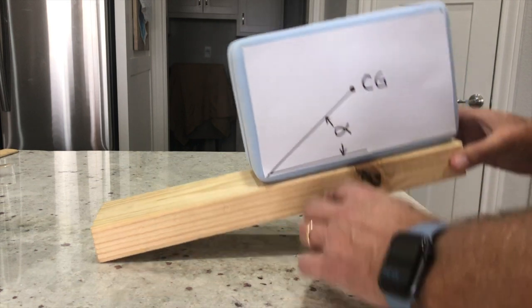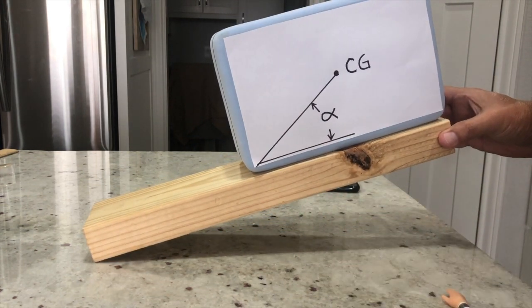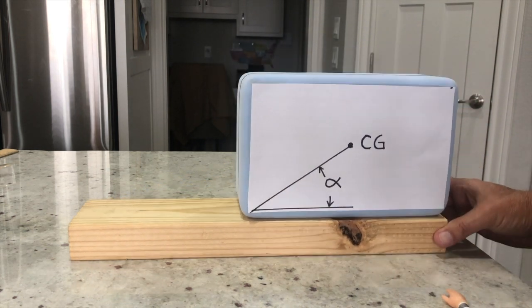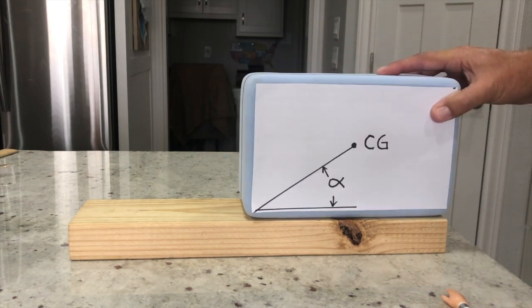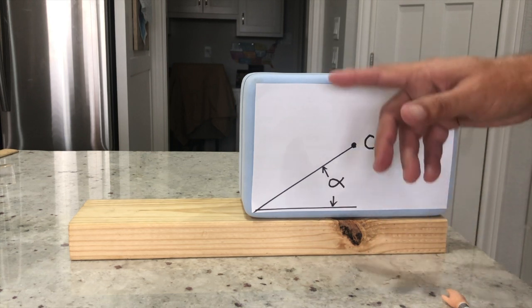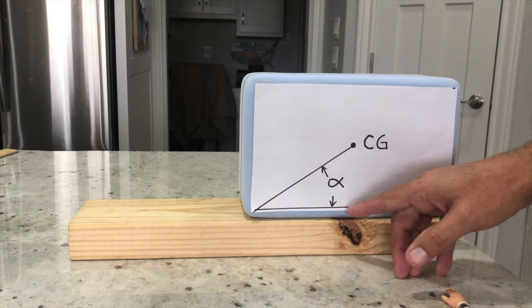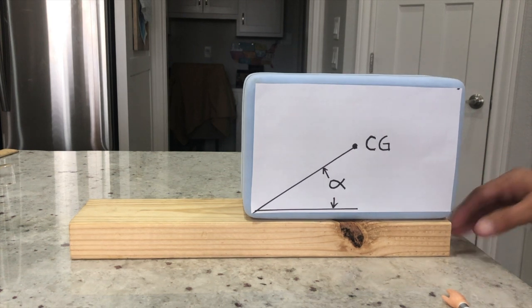If alpha plus theta is greater than 90 degrees, the block's going to tip over. That's the mathematics of that. And from the geometry of the shape, you can easily calculate alpha because we know the center of gravity on a rectangular block. You can just use some trig to find what that angle alpha would be. That's what you need to know to work on this lab assignment that I'm going to give you this week.